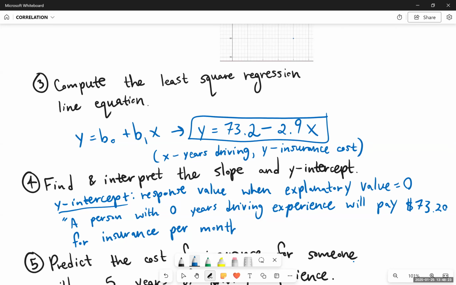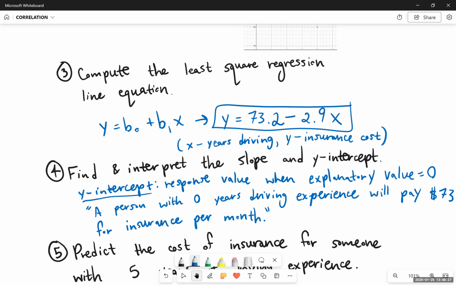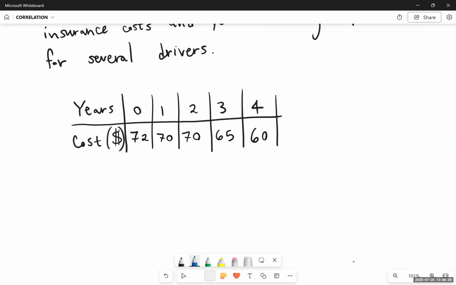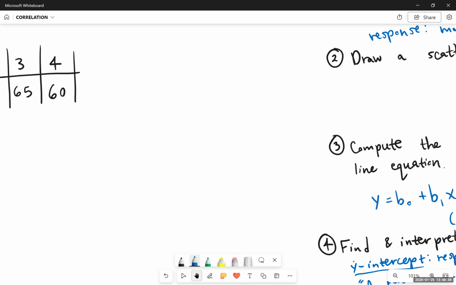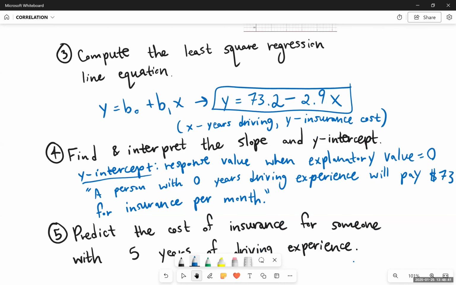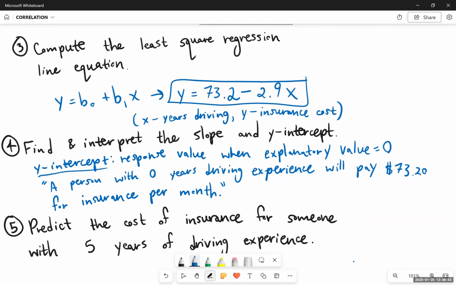Okay. If you're thinking, wait, I thought we already had a value for 0 when you go back to the data here. Yes, it said that the actual person who drove 0 years paid 72 per month. And our prediction is pretty close. This is just a prediction as opposed to an actual observed value, right?